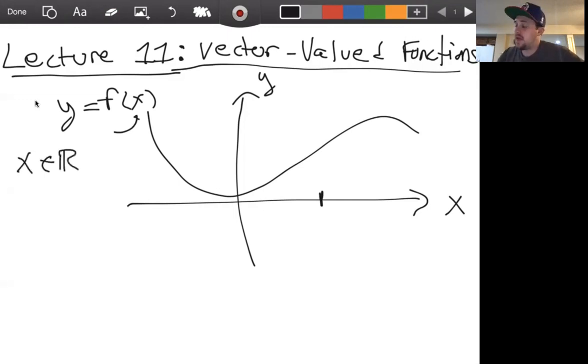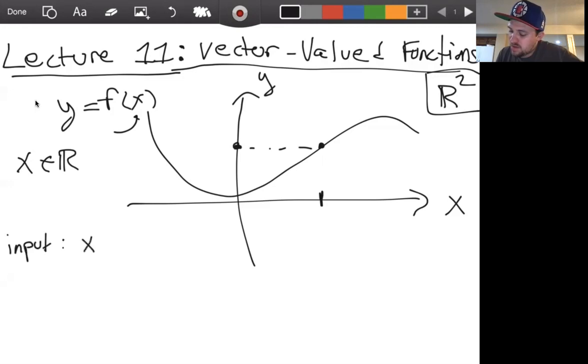So let's take this to be R2. Let's say we're looking over the reals here. So f eats a real number x, and then spits out f of x, which is another real number y. So the input is x in R, which is just a number.